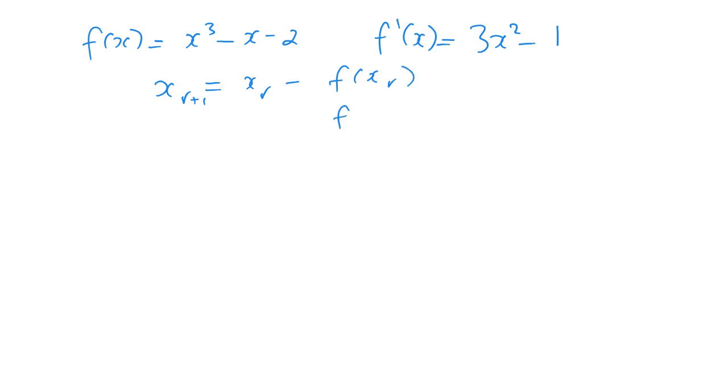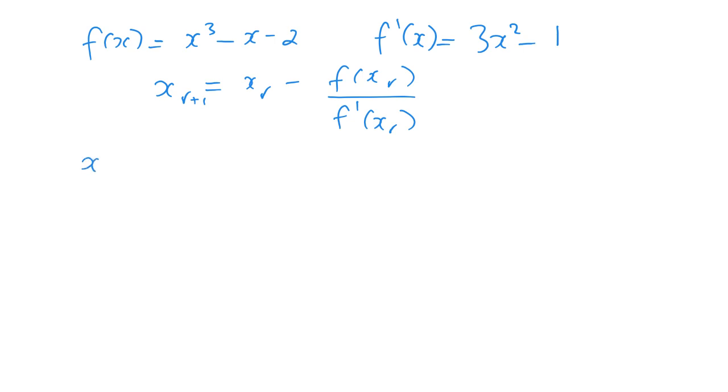You don't have to learn this, you just have to learn how to apply it. Now sometimes in an exam it'll say apply Newton-Raphson 2 times or 3 times to get an approximation for a root. But in this case it says find your answer to 3 decimal places. So we keep going until the 3 decimal places are the same.